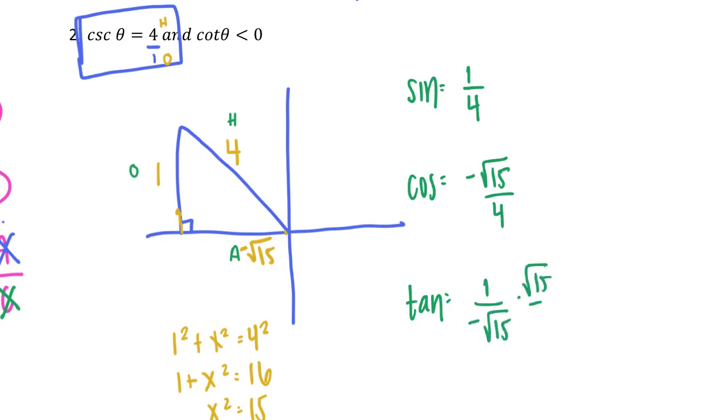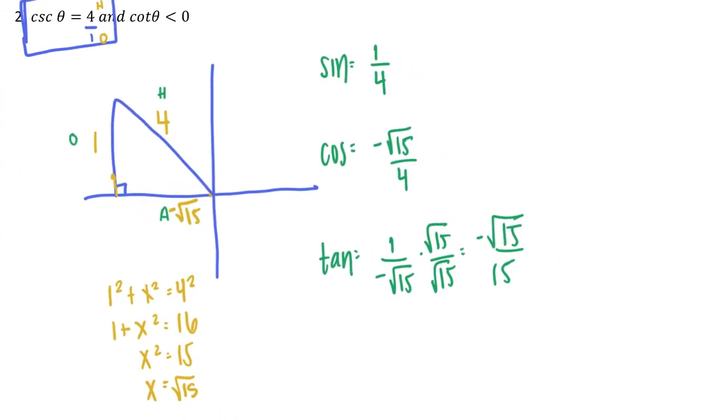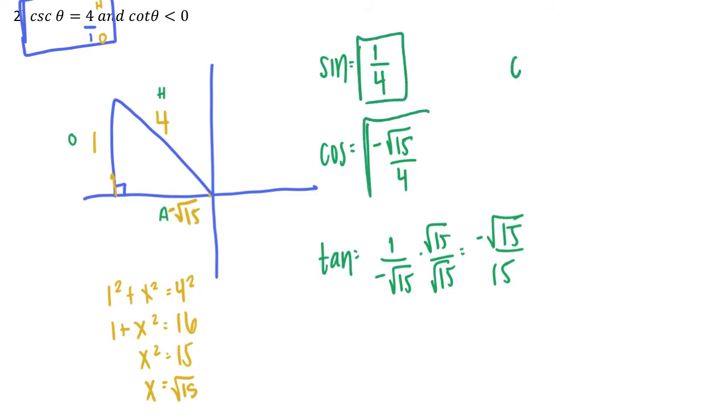Rationalize. Pause and rewatch if that stumped you. Now let's find the reciprocals. Cosecant, secant, cotangent.